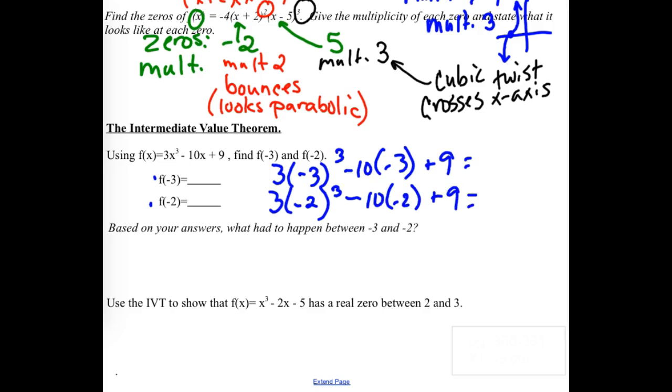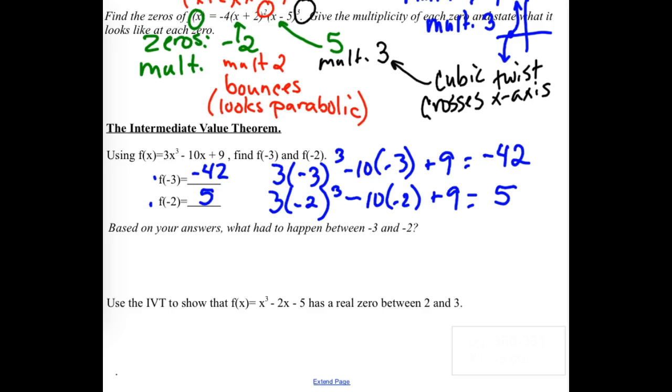All right, go ahead, grab your calculators, or do it by hand if you want. Get me a value. All right, for our first one, we should be getting a negative 42, and for our second one, a 5. So f of negative 3 is negative 42, and f of negative 2 is positive 5.